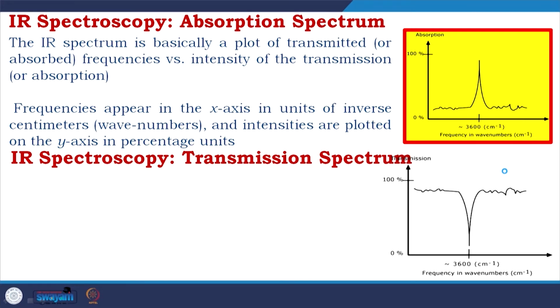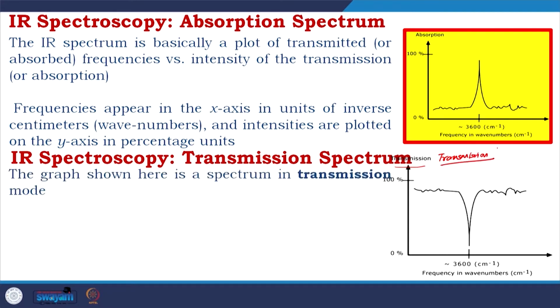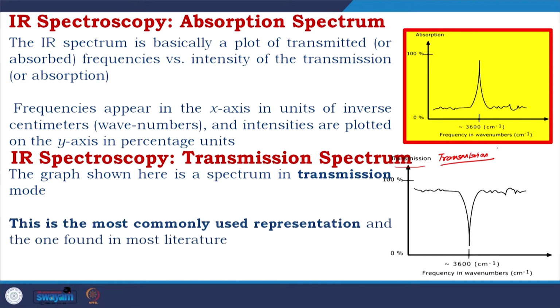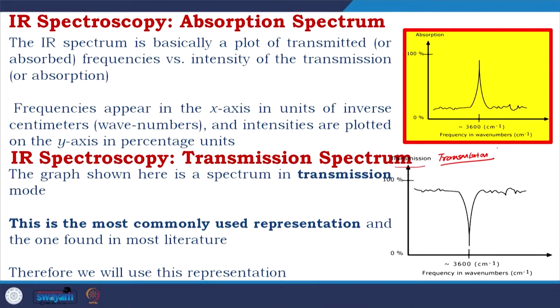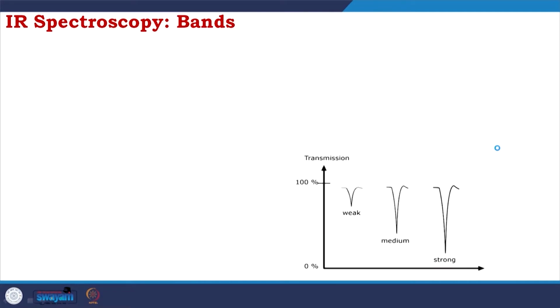This is transmission. The graph shown here is the spectrum in transmission mode. So, two modes you will see: absorption spectrum in absorption mode, transmission spectrum in transmission mode. This is the most commonly used representation and the one found in the literature. So, while we go through the literature, you will see this type of spectrum is common. We will use this in our representation also.